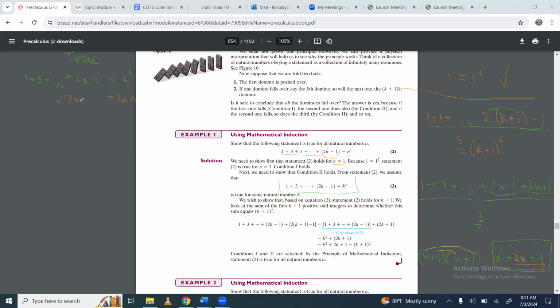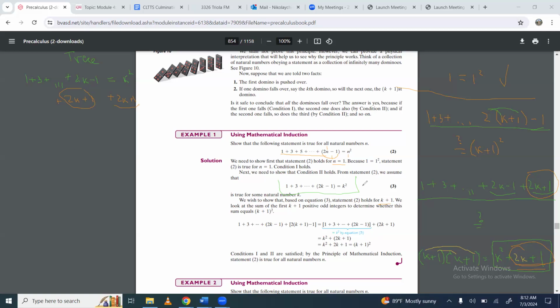And if I do this addition, guess what I'm going to get? I'm going to get exactly what we need to prove, because I add 2k plus 1 on the left side and 2k plus 1 on the right side. And that's exactly what I need to prove. So we say it's proved.